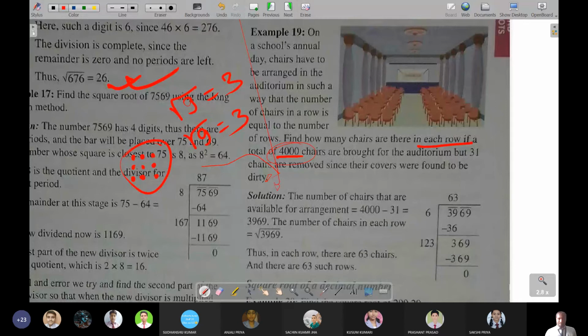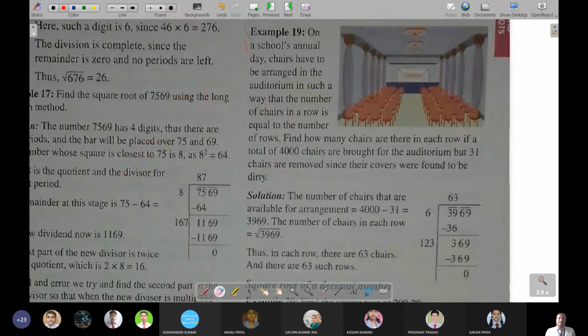Now here it has been said that chairs are brought to the auditorium, but 31 chairs were removed since their covers were found to be dirty. Then the total chairs left is 4,000 minus 31, that is 3,969.